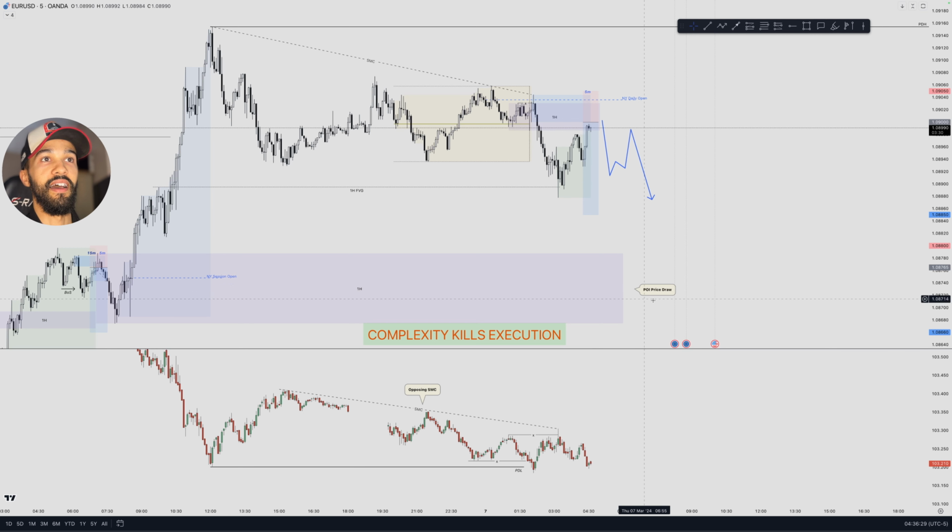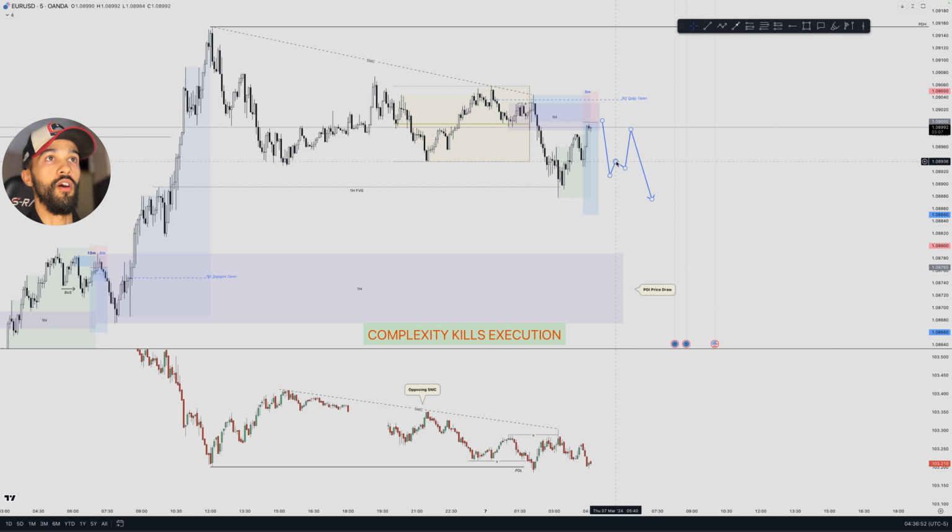So we'd still have the POI price draw, and we would also have the higher low, higher high going on here. This 1 hour fair value gap wouldn't be as much of a negative because price hasn't changed order flow from it, and all those things would be on our side.